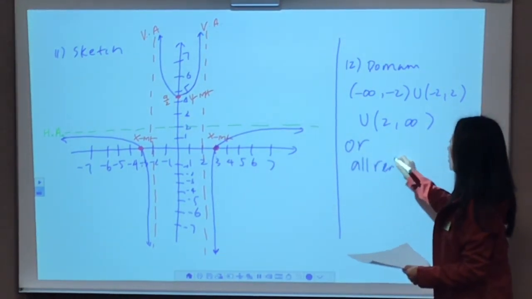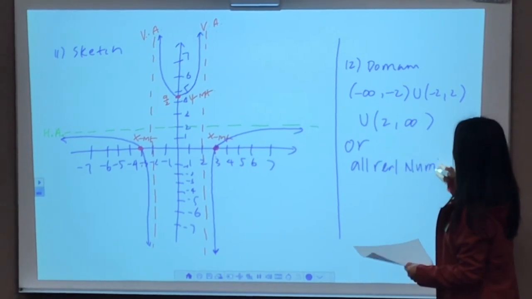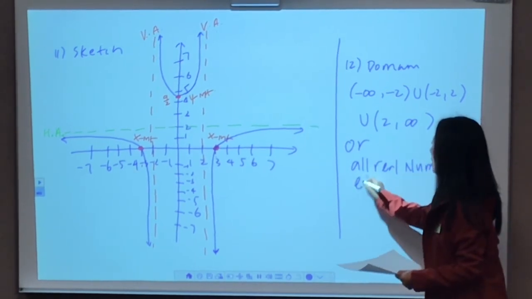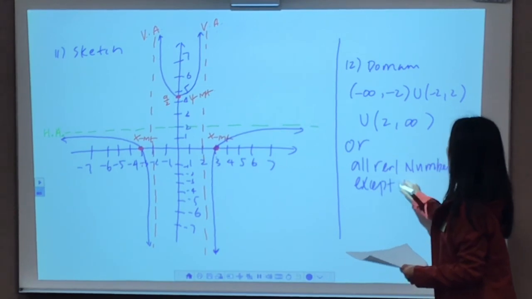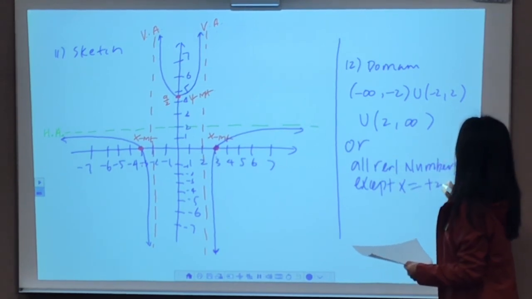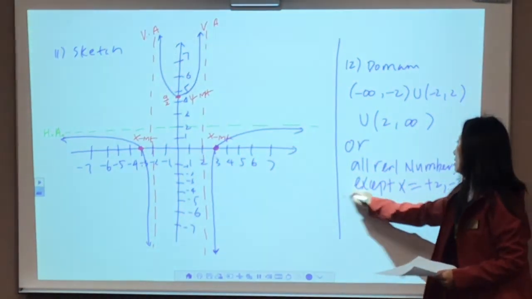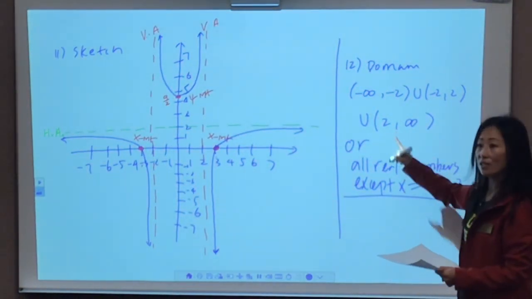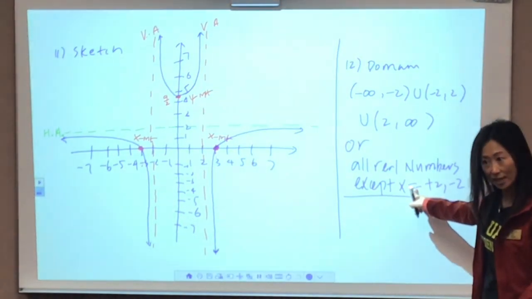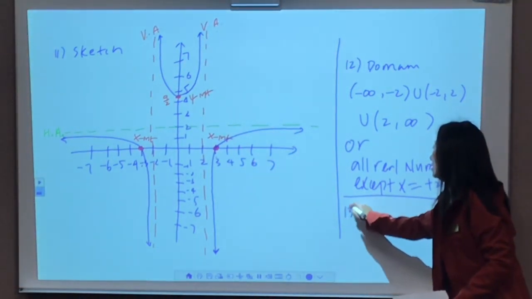Or can I also write this? All real numbers except what? X equal to what? Positive 2 or negative 2. Either way is fine. So you can write it like this or write this. Number 13, what's my range?